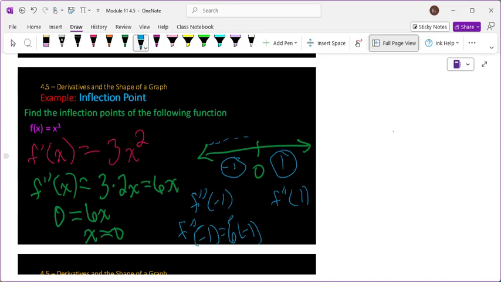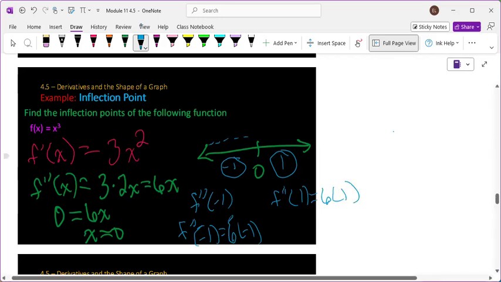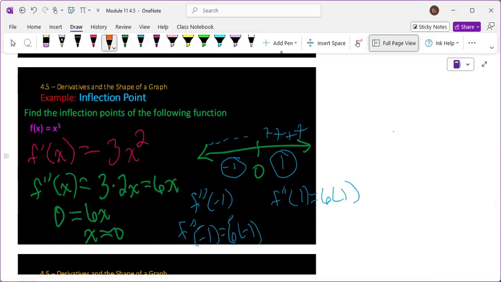So everything before 0 has negative concavity. And then for +1, 6 times +1 is positive. So everything after 0 has positive concavity. So negative concavity or positive concavity.